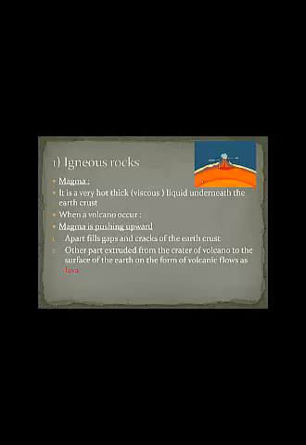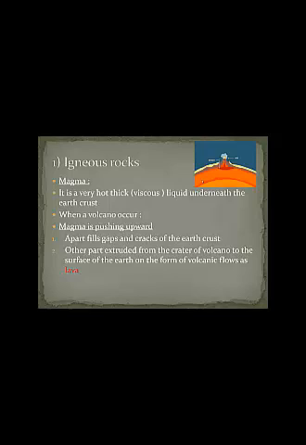We can observe in a volcano, firstly, magma. What is the meaning of magma? It is a very hot and thick viscous liquid underneath the Earth's crust. When a volcano occurs, magma is pushed upward.